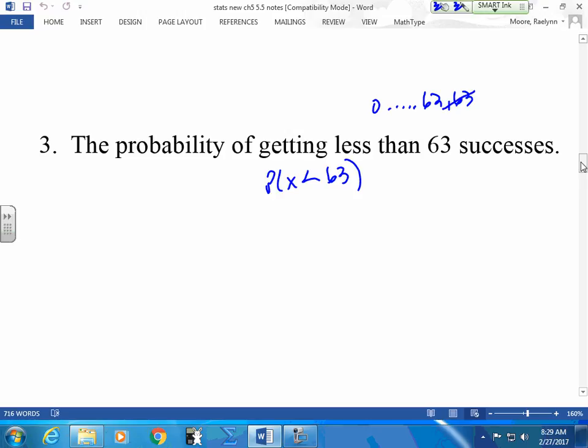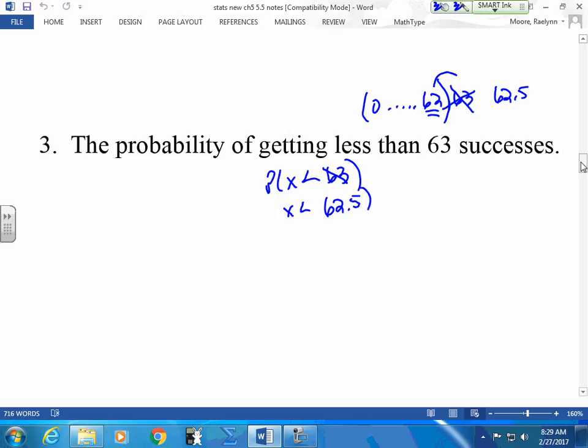Nope, so I can't use this guy. So my last thing I can do is 62.5. Okay, I gave you the answer. It's 62. So am I on the upper end or the lower end? The upper end. So my upper end says 62.5. So all I do is change this to 62.5.